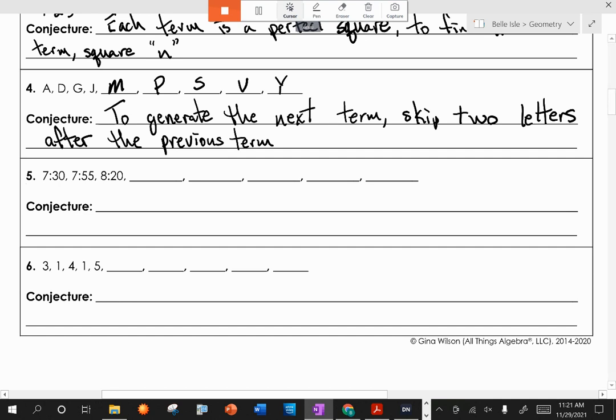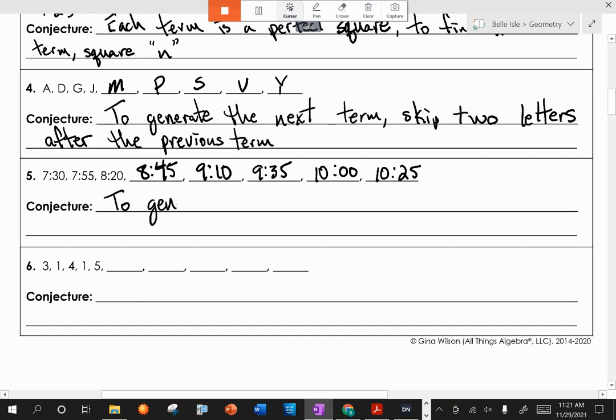Okay, number 5. Obviously, we're working with some time. So our consecutive terms use the time step. 9:10, 9:35, 10:00, and 10:25.